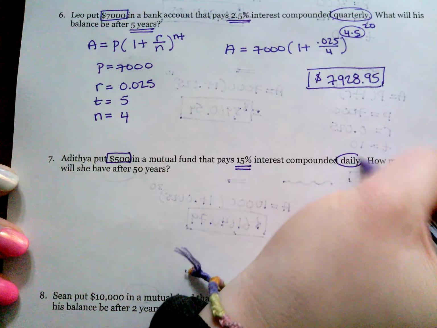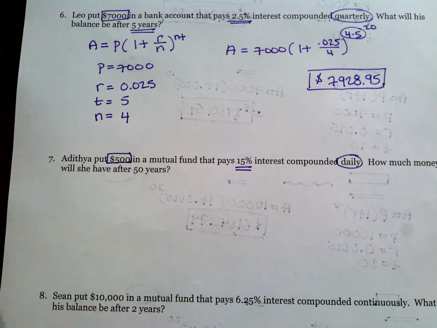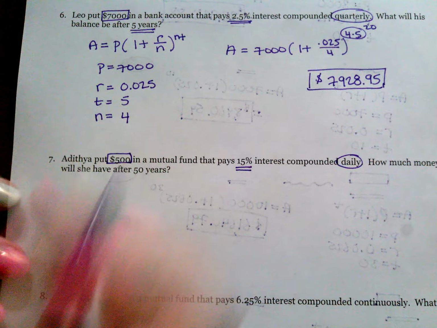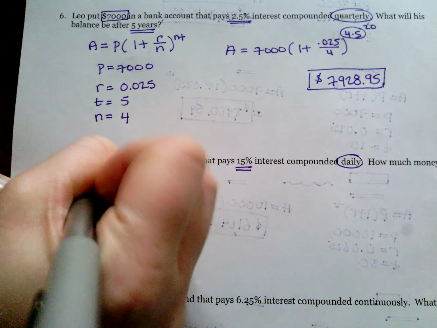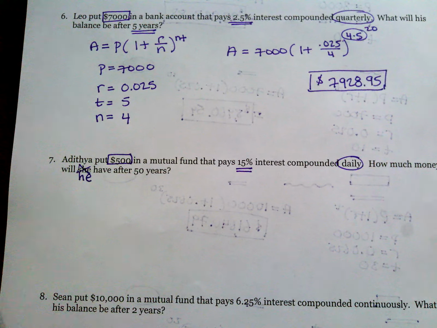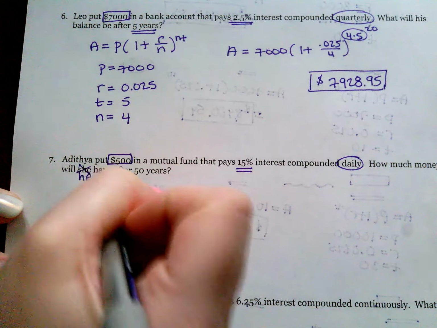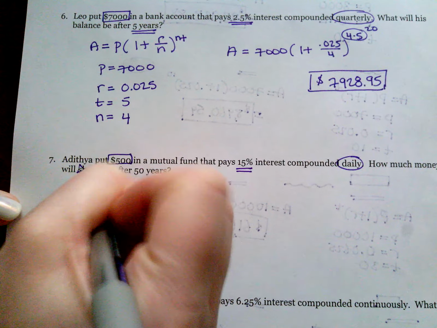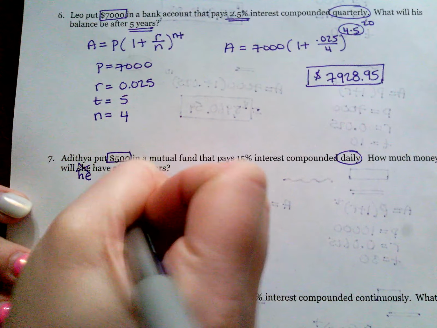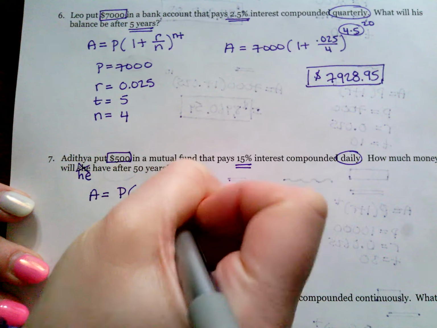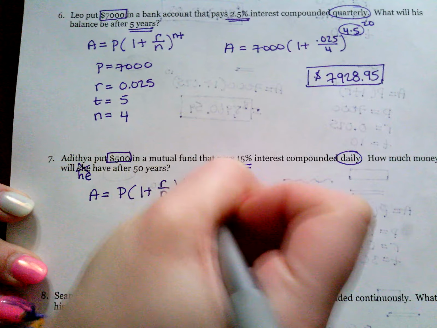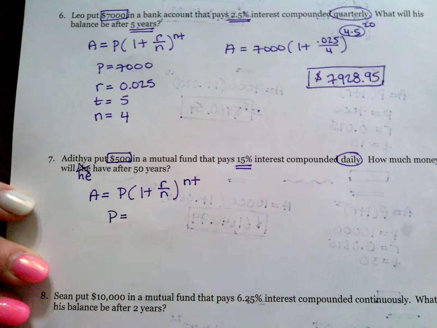So P times 1 plus R over N to the NT. The principal amount, the initial amount, is $500, how much you put in. The rate is 15%, so 0.15. The number of times, it's daily, so 365. And then we were talking about 50 years he's going to leave it in there.